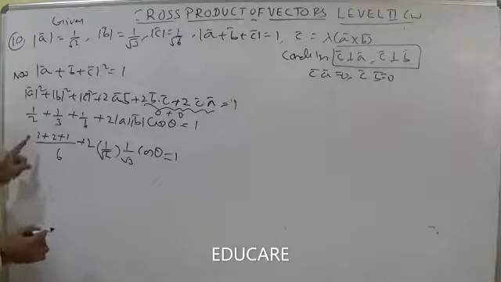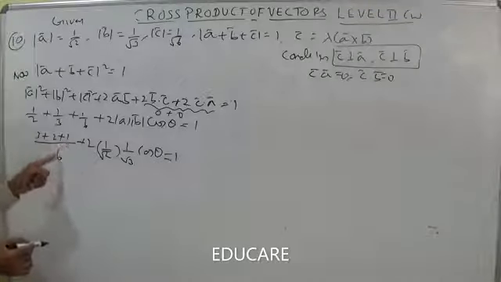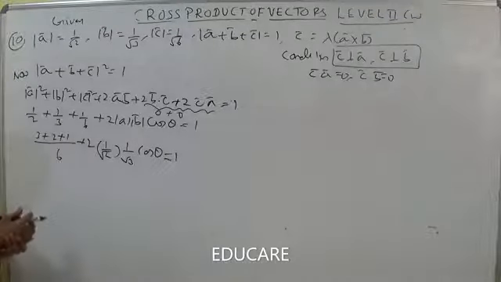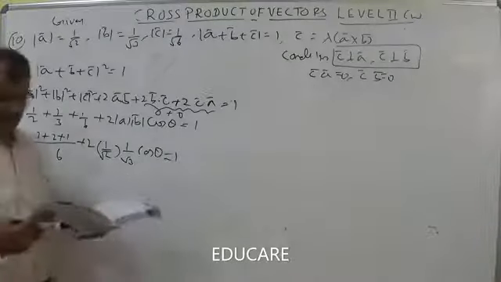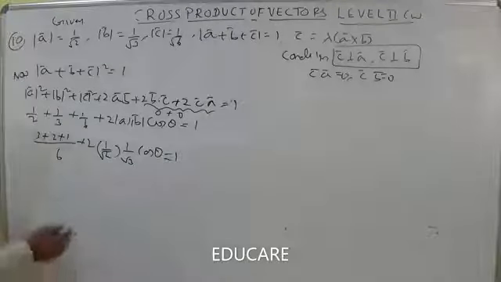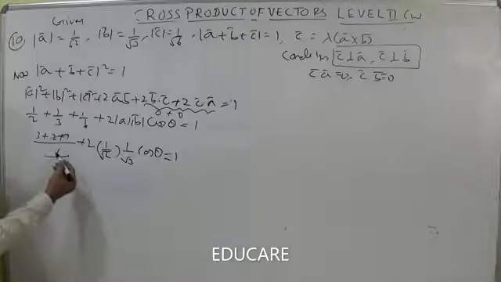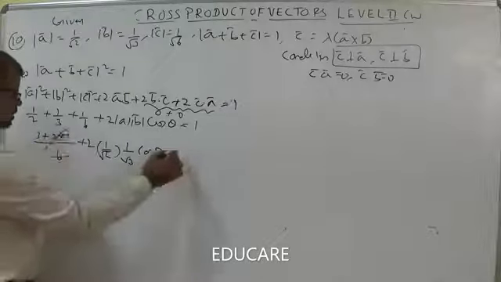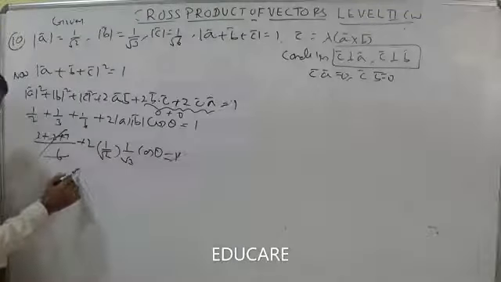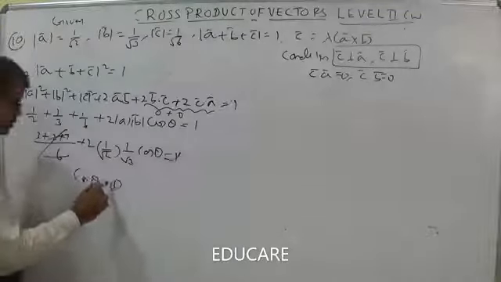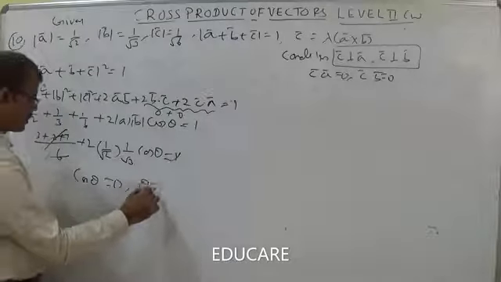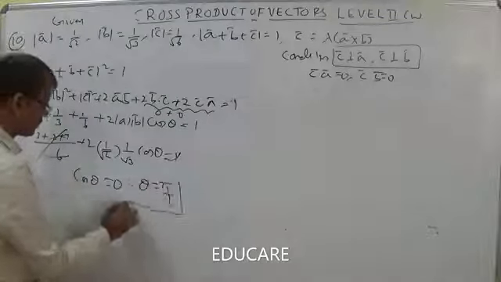What is the value here? 3 plus 2 plus 1 is 6, 6 by 6 is 1, and this 1 and that 1 will get cancelled. So cos theta is equal to 0, therefore you can write theta is equal to pi by 2. The angle is pi by 2.